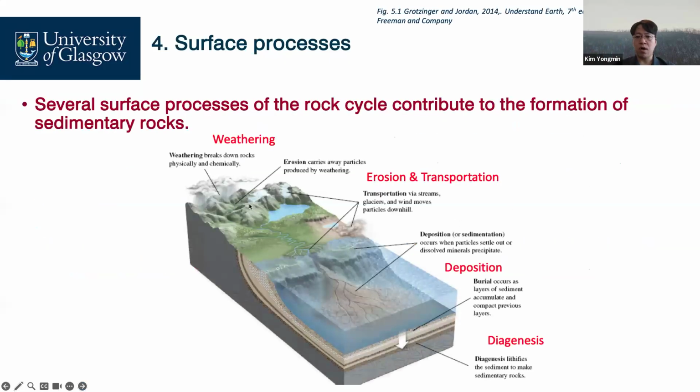These continents and rocks are exposed to our climatic dynamic conditions, and then the weathering process will take place. And then the products of the weathering flow down to the lower part of the earth and enter the existing material on the earth surface. These several surface processes contribute to the formation of sedimentary rock.